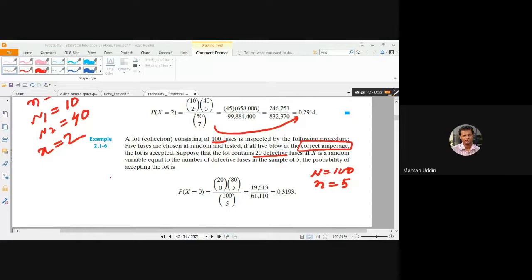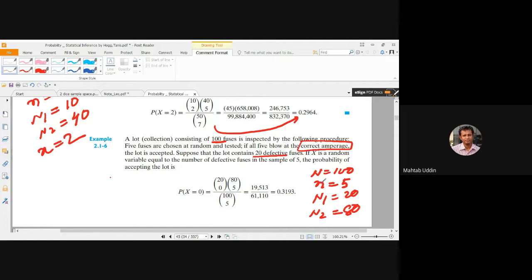X, the random variable, is equal to the number of defective fuses. So X is defective. If X is defective, then n1 will be the defective ones. How many defective, n1? 20. What is n2? 80.